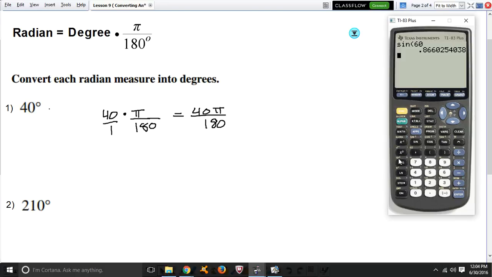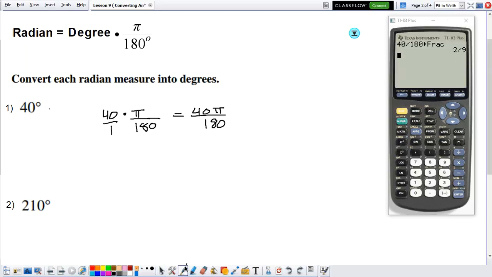Now, is there a way for us to simplify 40 divided by 180? In your calculator, if you press math and you press fraction, the calculator can simplify fractions for you. So 40 divided by 180 is equal to 2 ninths.